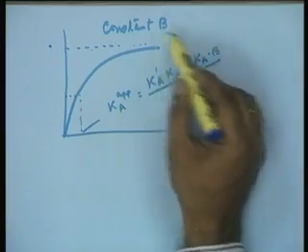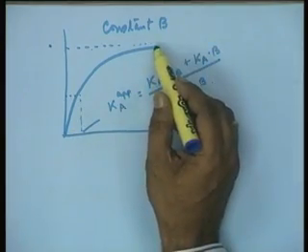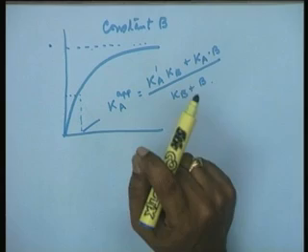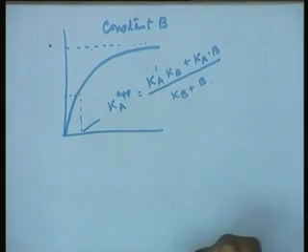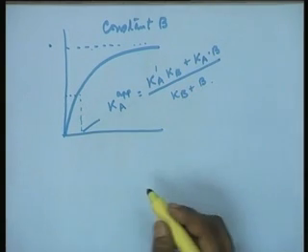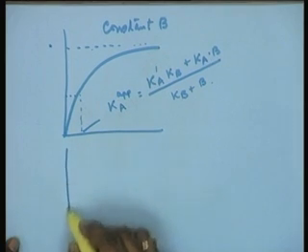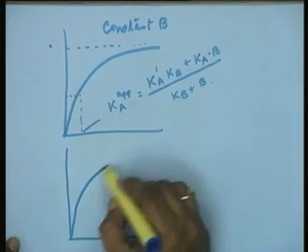At any other value of B, the rate profile will be a hyperbolic profile analogous to that of the Michaelis-Menten constant. Similarly, in the case of constant A, you will have another Km value.